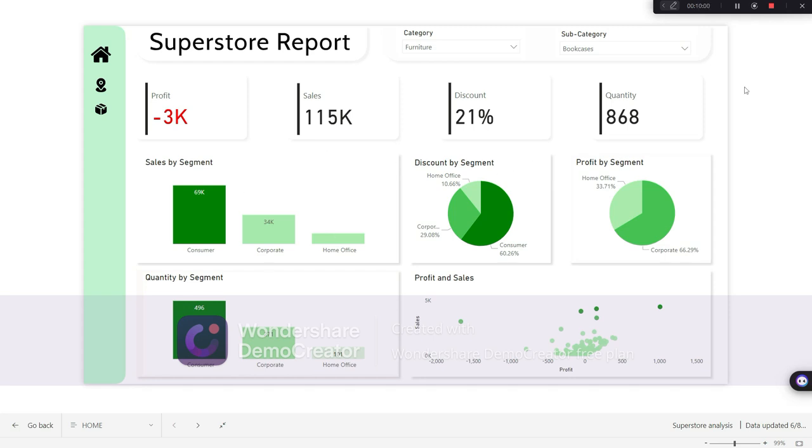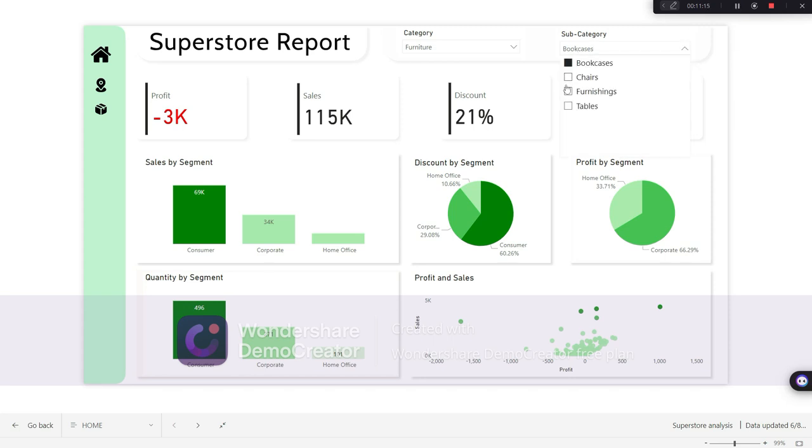The consumer is the top segment, with sales of near about 70k. For bookcases, the majority of quantity, near about 500, goes to the consumer. As we see in the profit and sales relation, we have a majority of profit as sales increase. That is, if we make more sales, the profit gets higher.